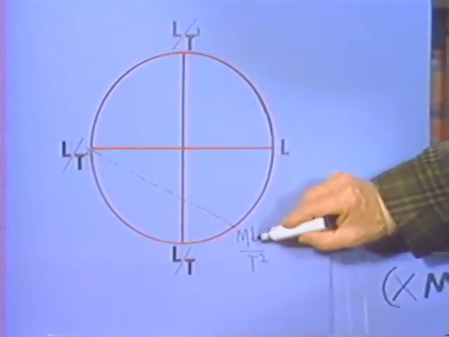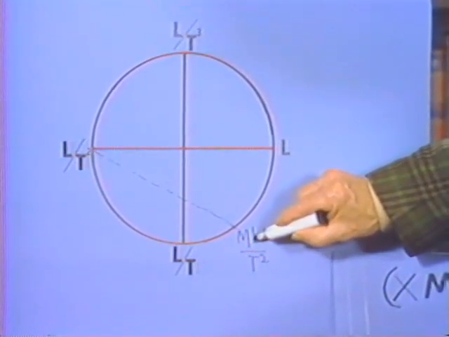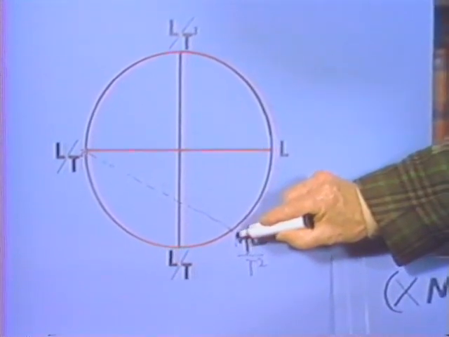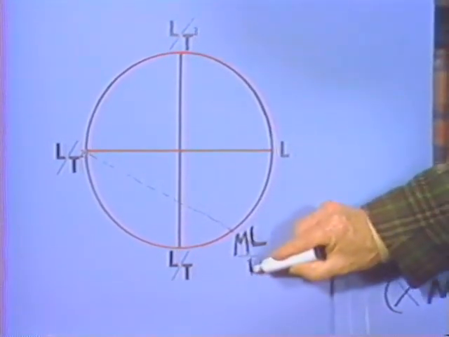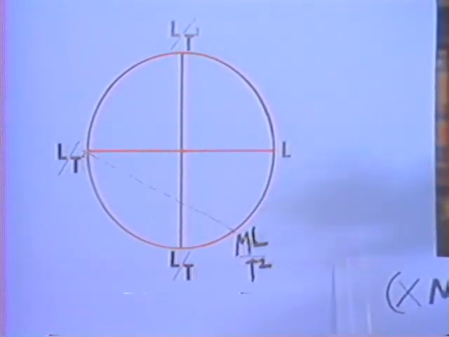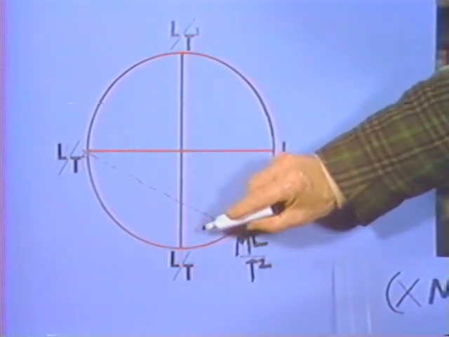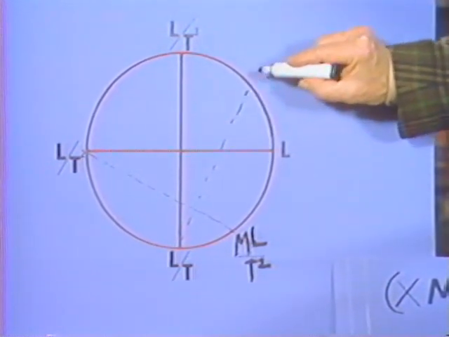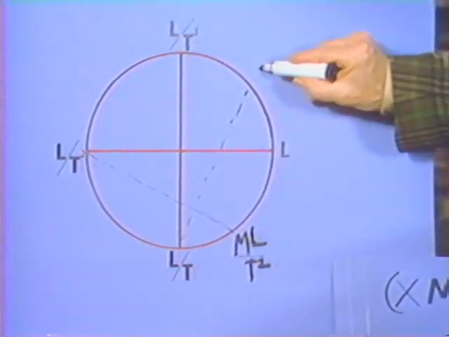I should have made it more. Now, I'll use the same rule for multiplying by m here and get, this will be m L over t.